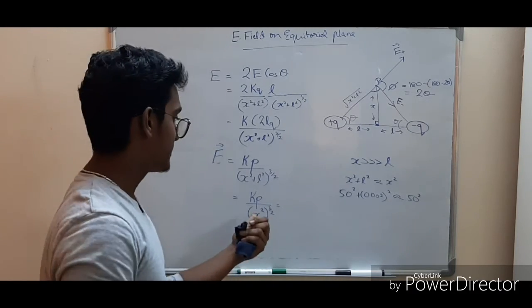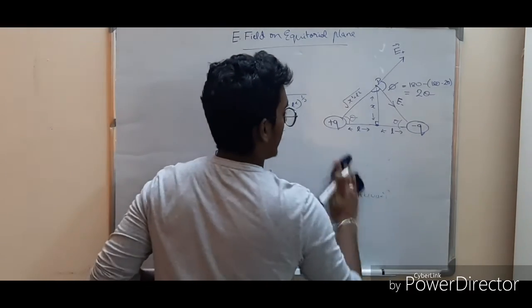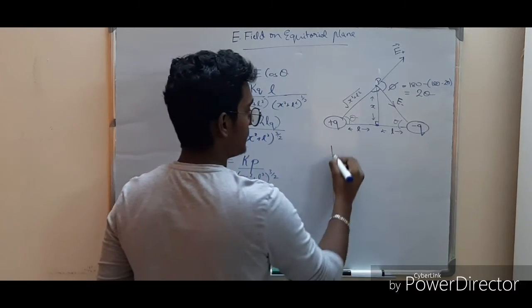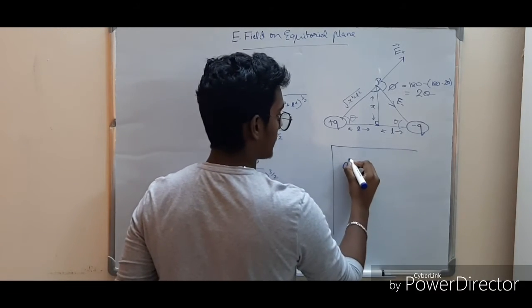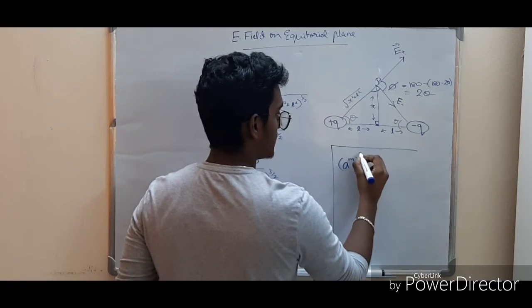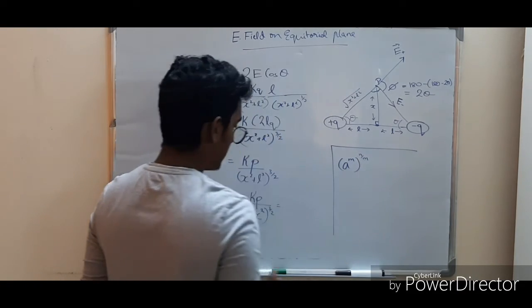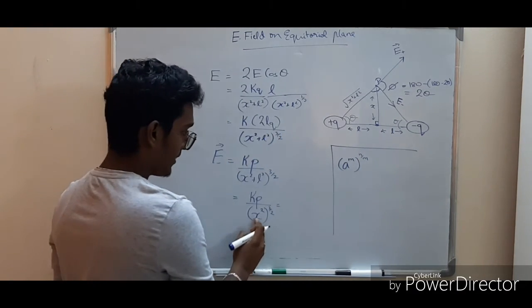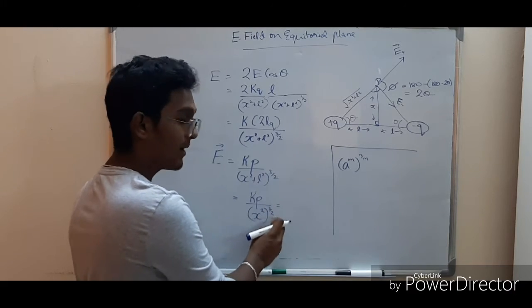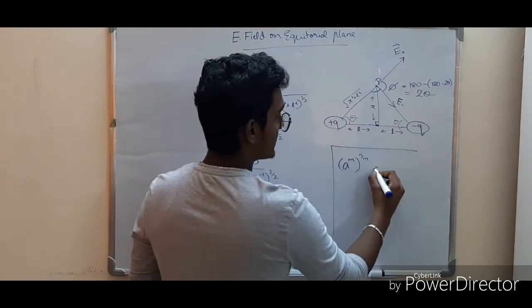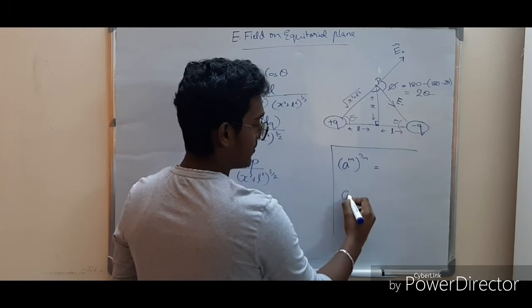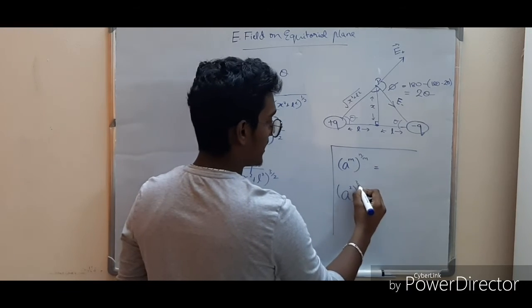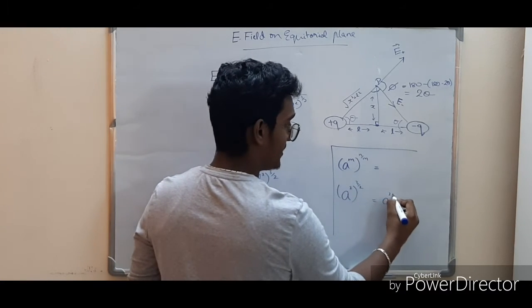So how do you simplify this? It is of the form a raised to m, the whole raised to n by m. For example, a squared to the power 3 by 2 is a raised to 2 into 3 by 2.